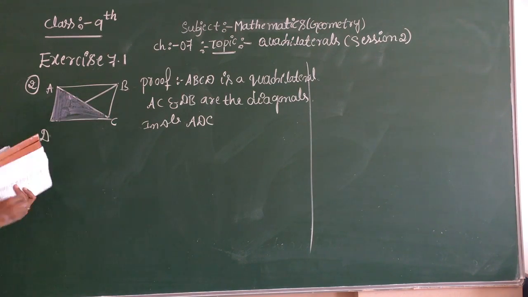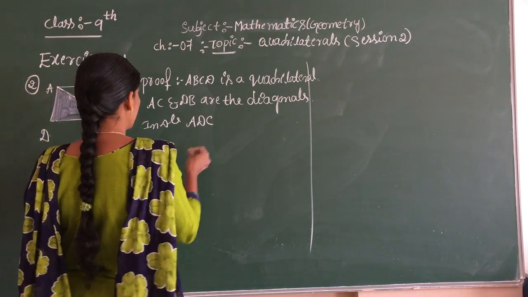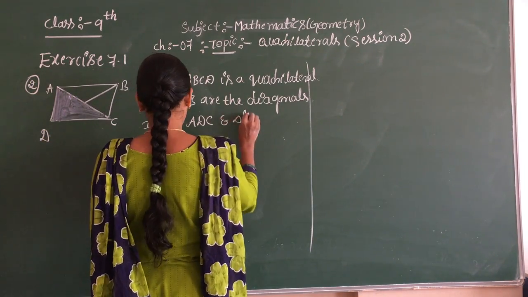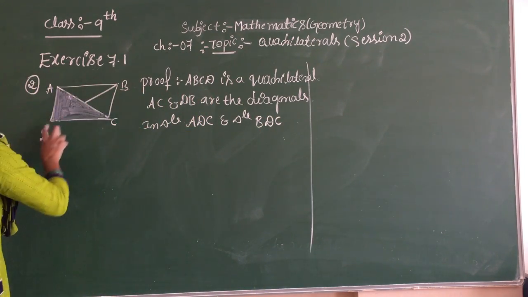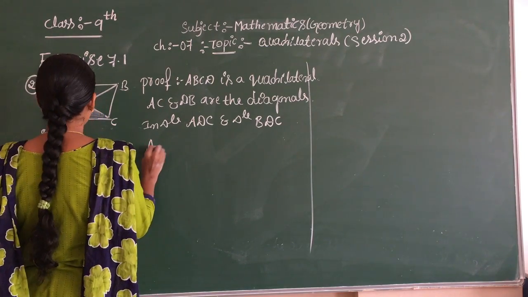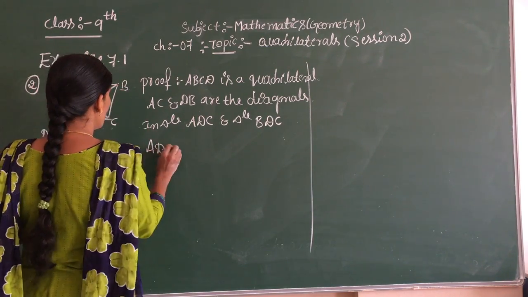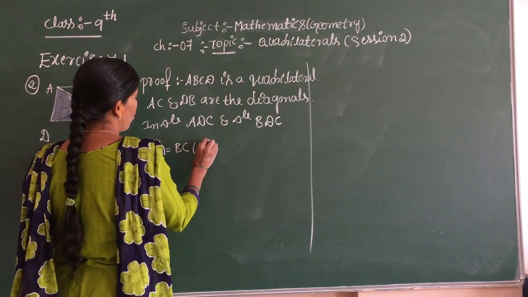Having two triangles now, triangle ADC and triangle BDC. AD is equal to BC, so this is opposite sides are equal.